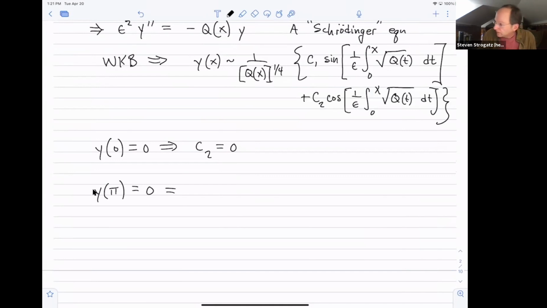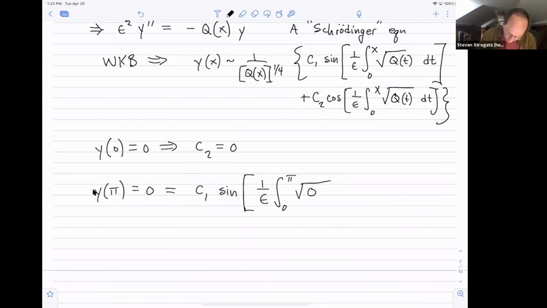The important point is that I can read off that C1 times the sine function of 1 over epsilon times the integral from 0 to pi, because I'm plugging in x equals pi, of square root q of t dt, is 0.